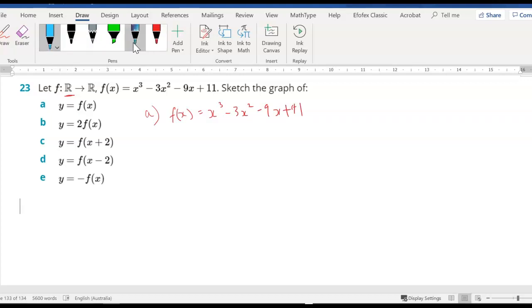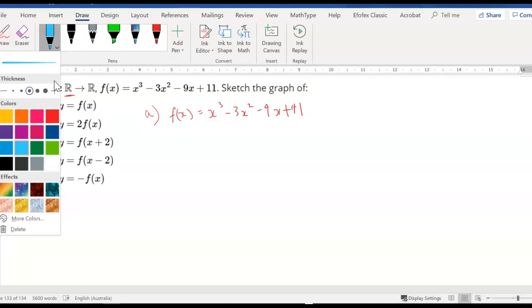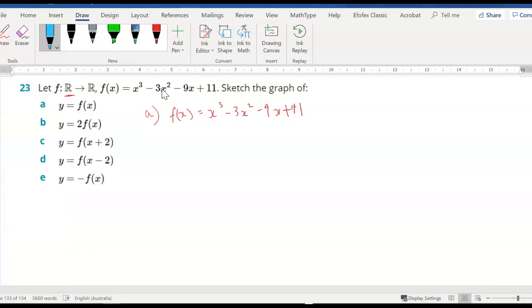When we're sketching a graph, you're probably used to realizing you need to find the y-intercept, you need to find the x-intercepts, or intercept, depending on how many there are. There might be none. And now we need to also find the stationary point, or points. So we need to find all these things: y-intercept, the x-intercepts, and the stationary points.